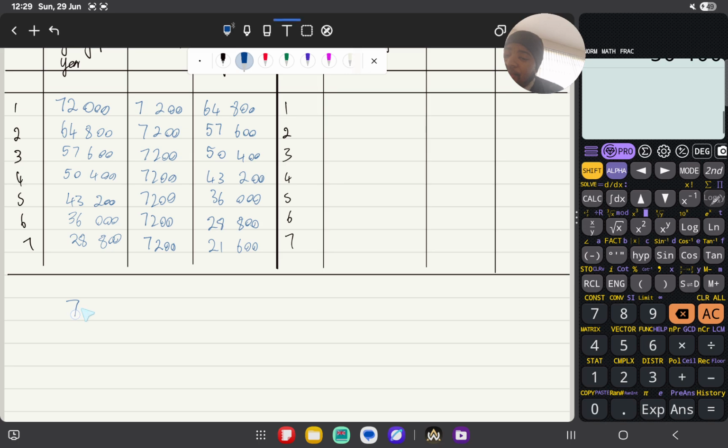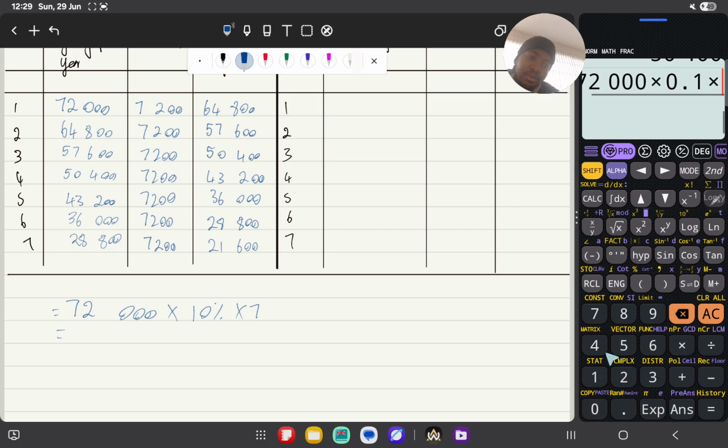I'm going to take this amount, 72,000, and multiply it by 7. No, before I multiply by 7, I want to multiply it by 10%. Then I multiply it by 7. Let us see. 72,000 multiplied by 0.1 multiplied by 7.